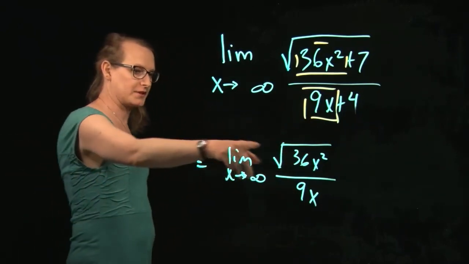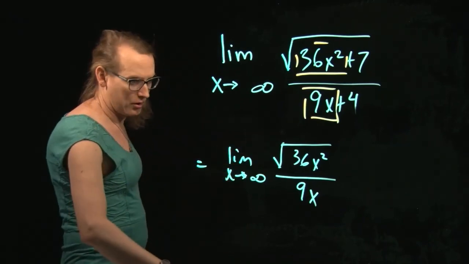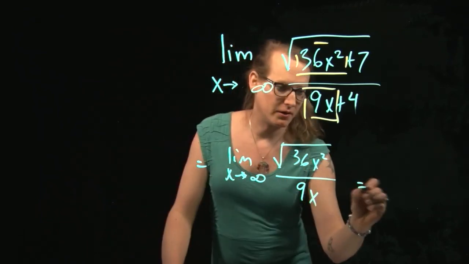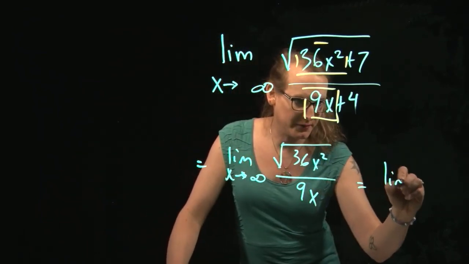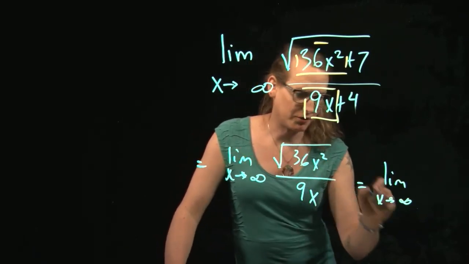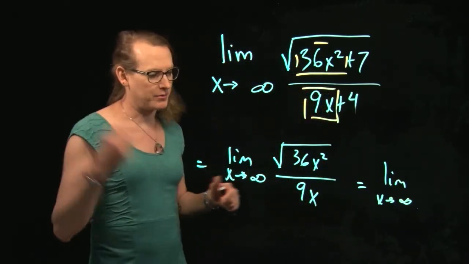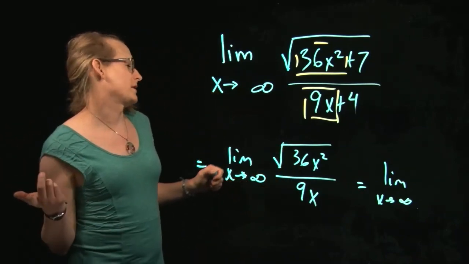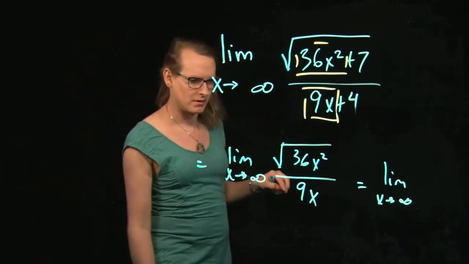So let's apply our square root now. We'll write that that is equal to the limit as x approaches infinity of the square root of 36. I remember that one because I remember squares: 1, 4, 9, 16, 25, 36.